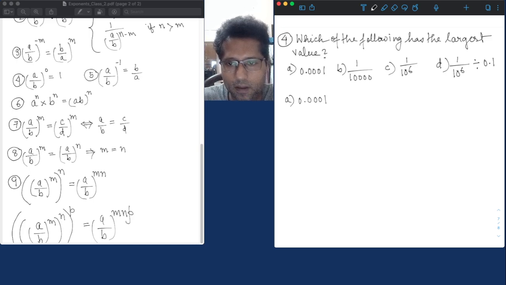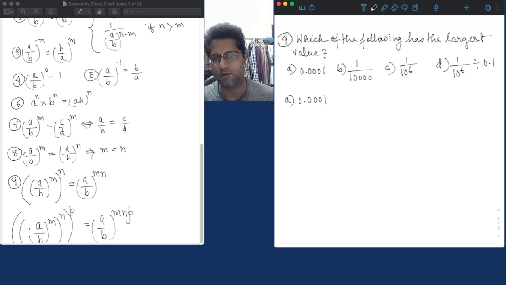0.0001, and we have studied how to convert a decimal number into a fraction. When we convert a decimal to a fraction, what do we do? We write the numerator as it is, omitting the decimal point.